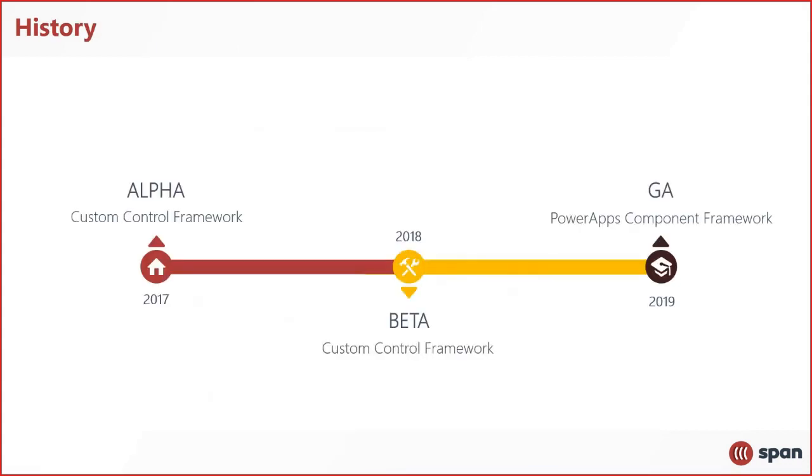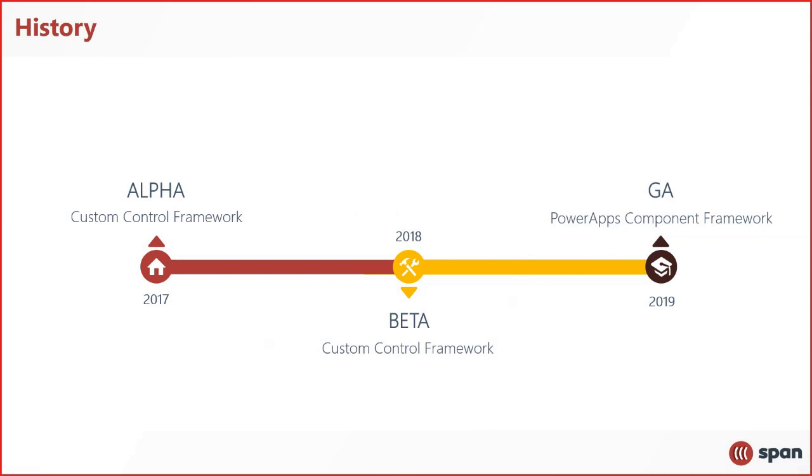But let's talk about history for a second. I was pretty hyped when I first heard about the custom control framework, as it was called in the past. In 2017, I think it was on Extreme or something, and we had an alpha version there. We were all hyped, but there were no actual snippets shared publicly with us, so we didn't know how to build those components.